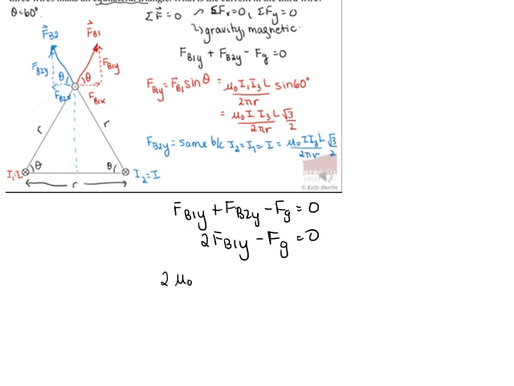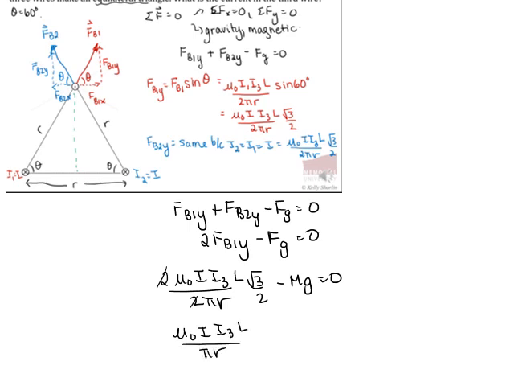2 times mu naught times I3 times L over 2 pi r times root 3 over 2 minus mg equals 0. Trying to solve for our I3 here, so let's cancel out those 2's. Mu naught I times I3 times L over pi r times root 3 over 2 equals mg.